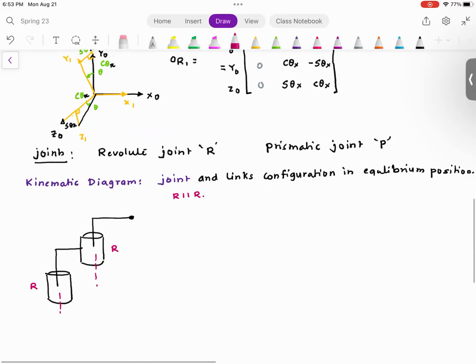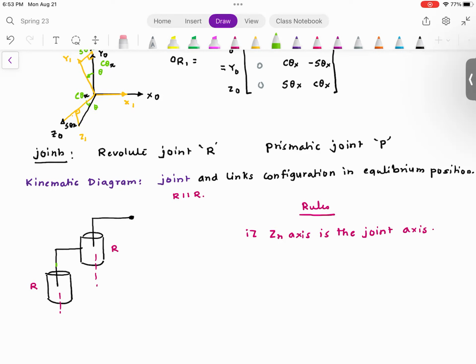The first rule: the Zn axis is the joint axis. What does that mean? I will explain one rule at a time.